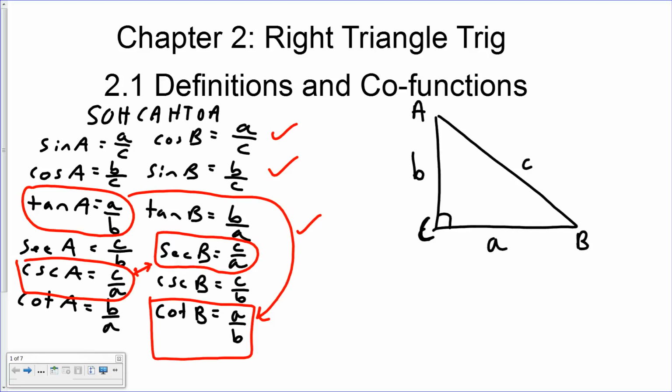Sines and cosines, tangents and cotangents, secants and cosecants. Those are called cofunctions. And so we're going to remember those, and we're going to have a list here stating which cofunctions are.